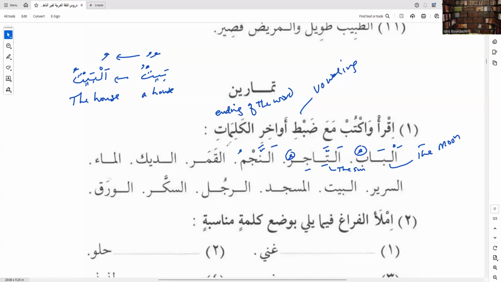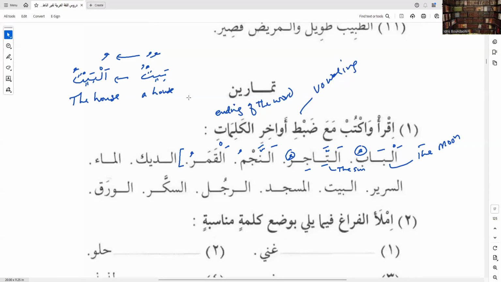An-najmu. And then I have to say al-qamaru, the moon. So using the same understanding, see if you can put vowels on what is under this assignment. Let's move on.